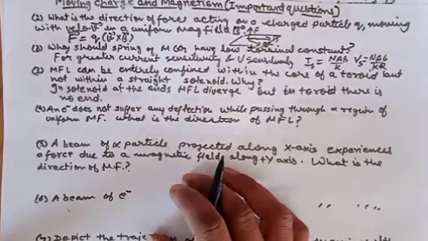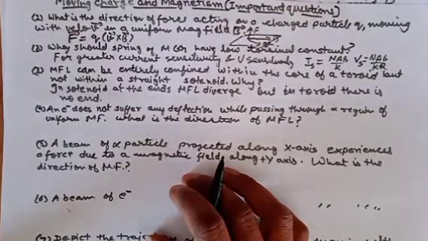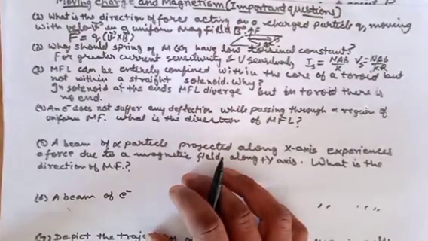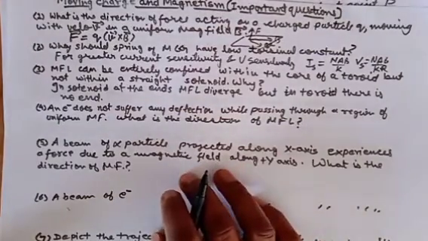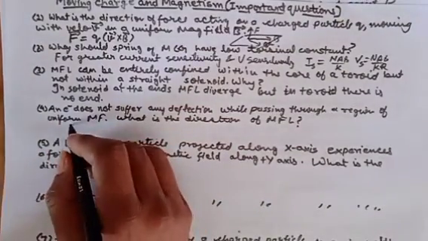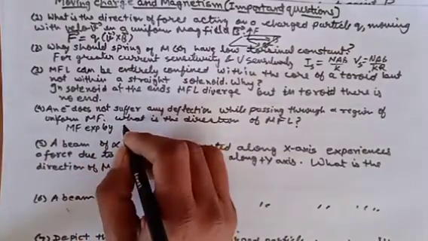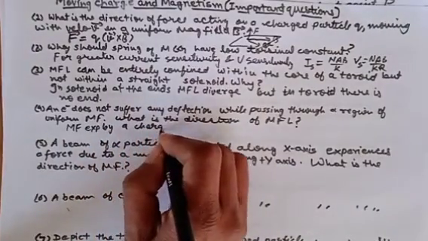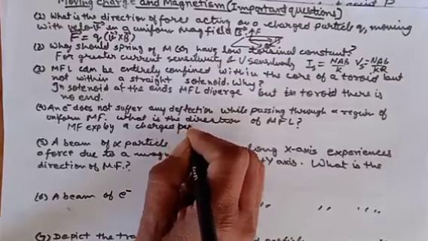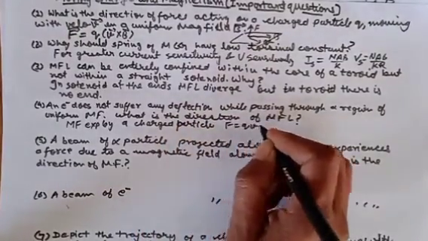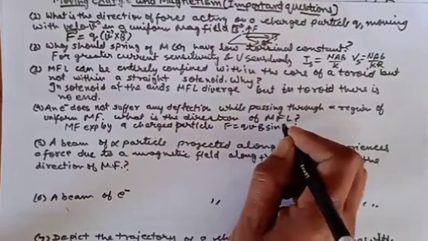Next, an electron does not suffer any deflection while passing through a region of uniform magnetic field. What is the direction of the magnetic field lines? So remember one thing, the magnetic force experienced by a charged particle is given by F equal to QVB sine theta.